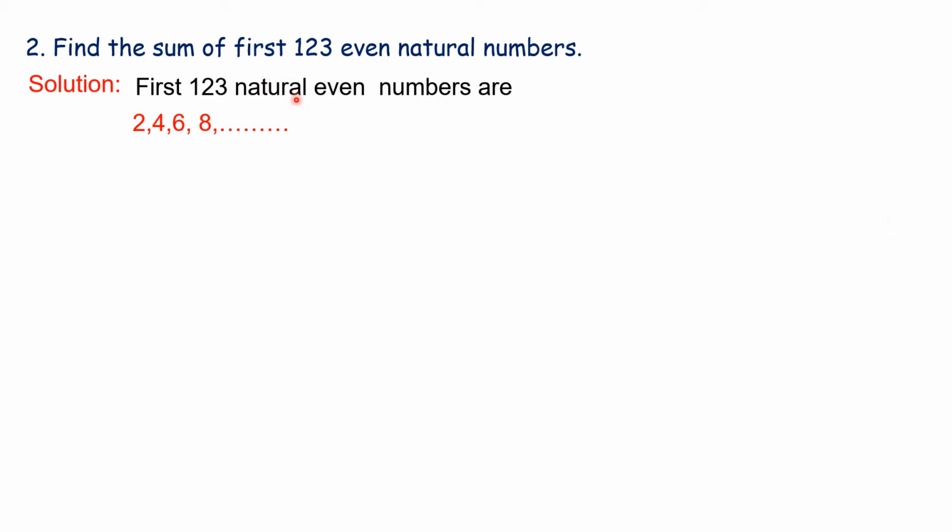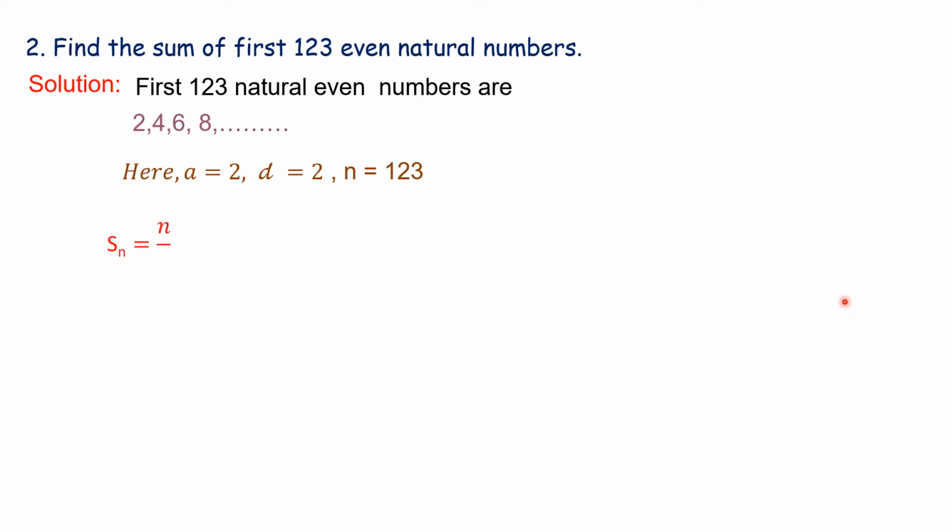We don't know the nth term, so here we don't write the nth term. A is equal to 2, D is equal to 2 and N is equal to 123. Here we know all three values required for the sum of n terms.